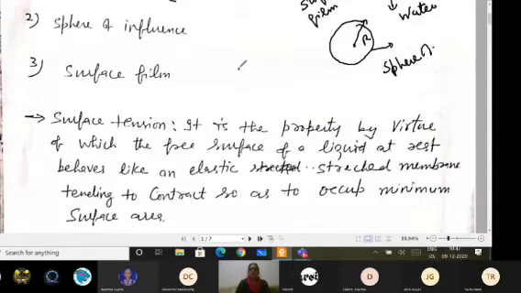It means this is the surface film of the liquid, and if I put the needle gently, I am able to put it over the surface.